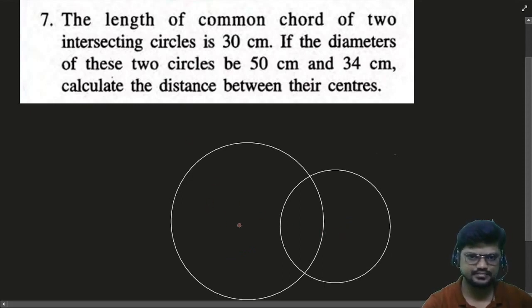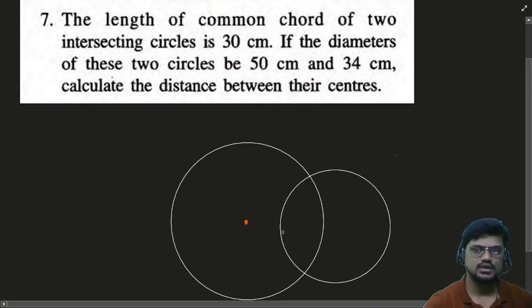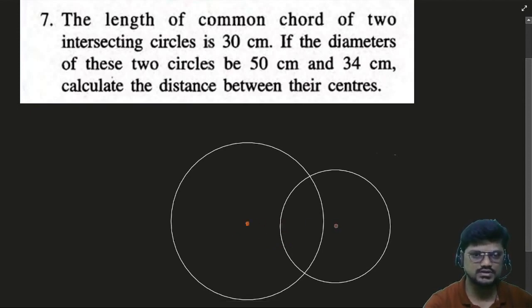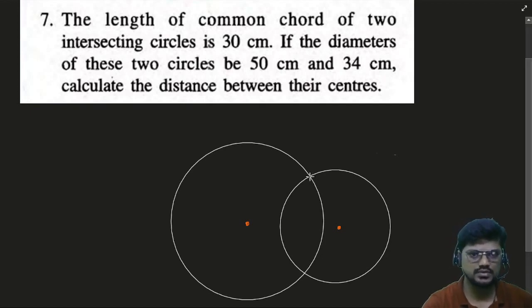Suppose these are the centers of the two circles. They have given this chord length, and we need to find the distance between centers.